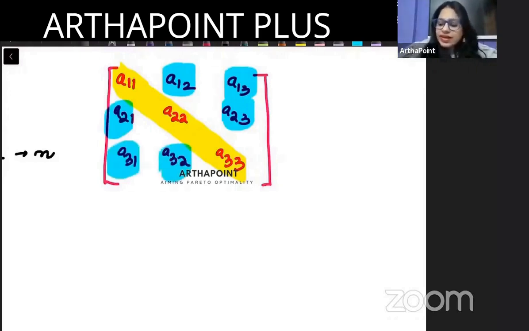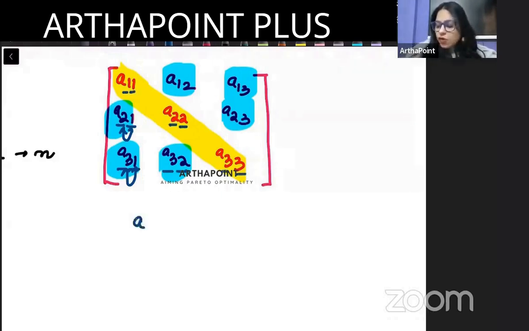Now note that here whichever elements I want zero, यहाँ पे row का index और column का index is different. You can see now that this is 2, this is 1, this is 3, this is 1, this is 3, this is 2. But you can clearly see here the index is the same, 1, 1, 2, 2, 3, 3.